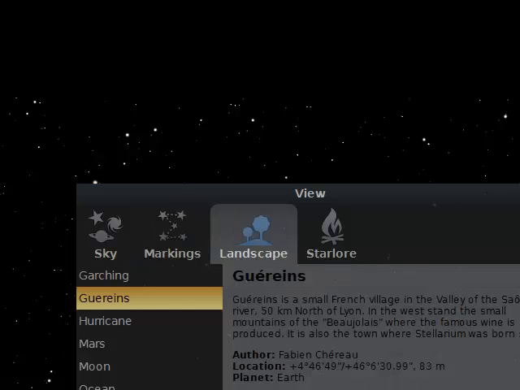Landscape, I'll get rid of the ground, I'll not show the fog. At any rate, here then is the local horizon in Iowa City, but I'm facing south.